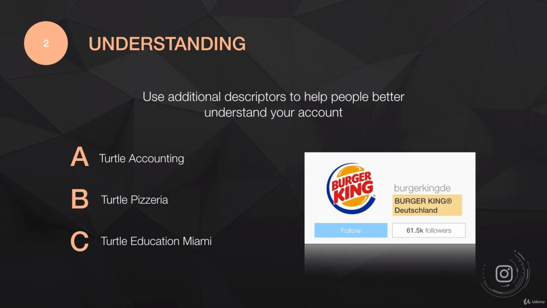So you can see here in this example, there's Burger King DE is their username. So it's a German Burger King, and they've used DE for Deutschland as their username because obviously Burger King is used in the US, or their main brand, and their name is not Burger King, but it's Burger King Deutschland, which helps segregate and specify that people in Germany, they don't really want to be following Burger King US because it doesn't really pertain to them, but Burger King Deutschland means that it's going to be in German and it's going to be relevant to their area.